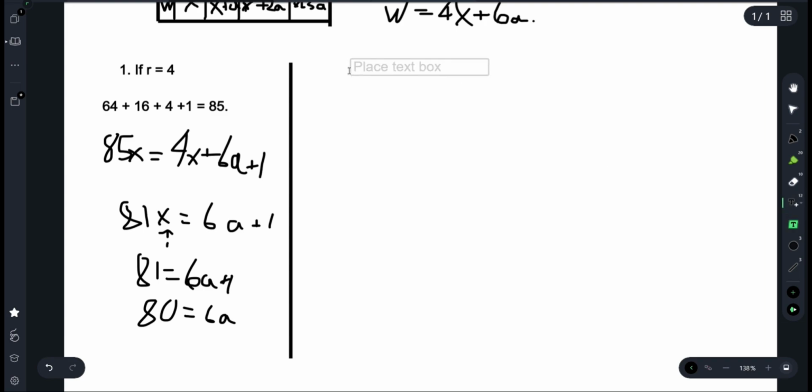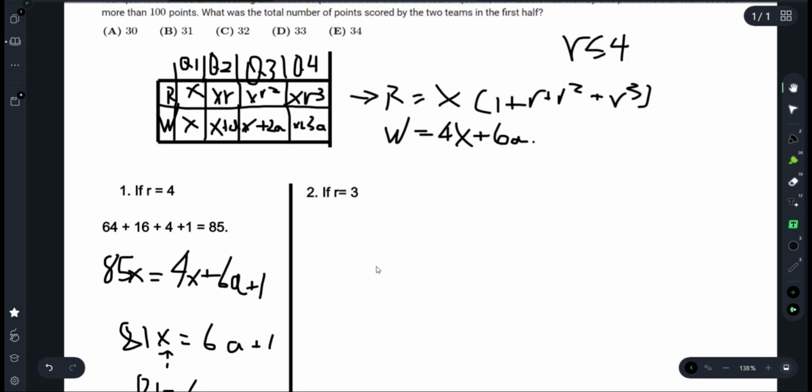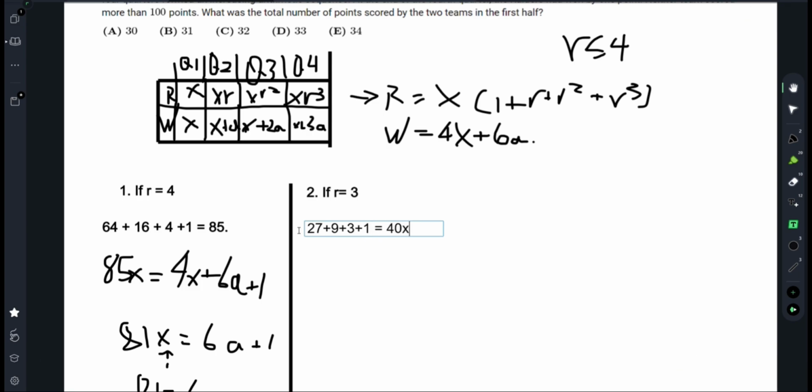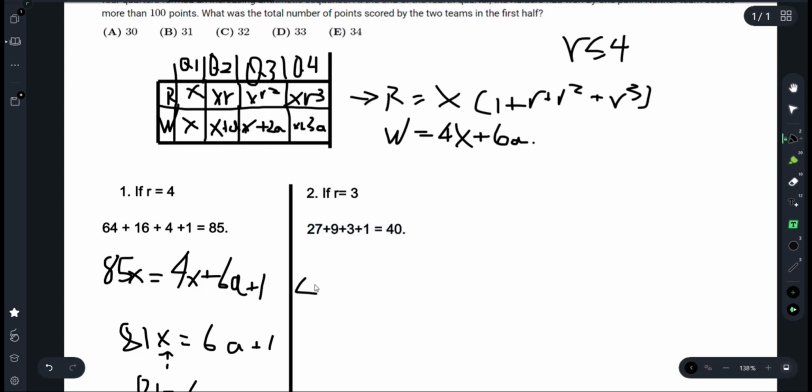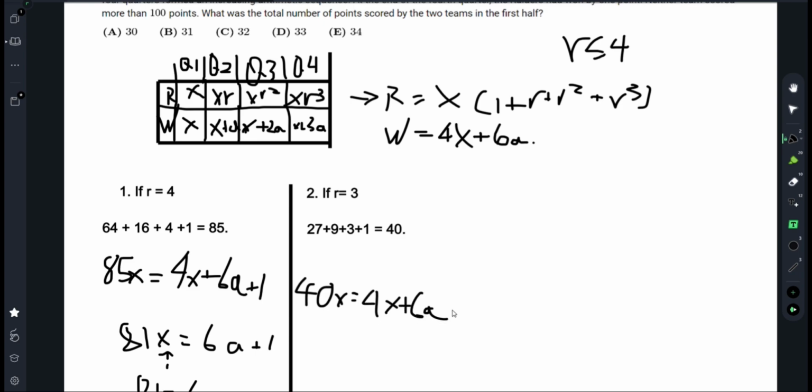Okay, so case number 2. If R is 3, then we get 27 plus 9 plus 3 plus 1, which is 40. Then 40x is equal to 4x plus 6a plus 1.